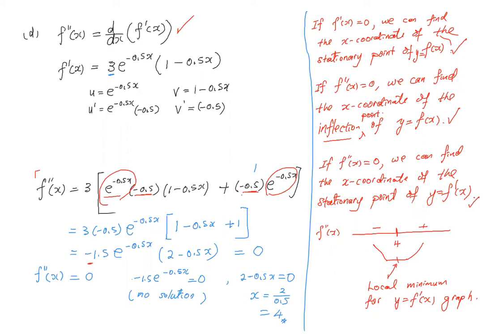Okay, I forgot to set another question to sketch the graph. Now, if I want to sketch the graph of 3x e to the power of negative 0.5x, correct?